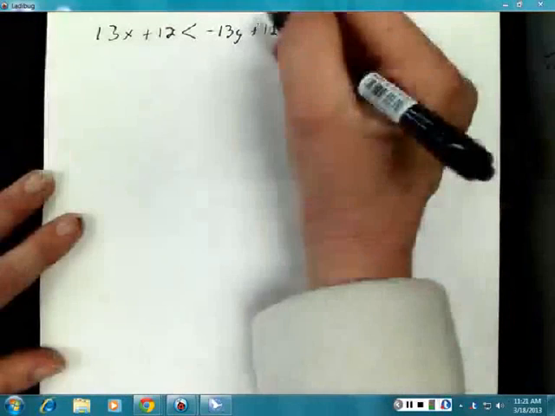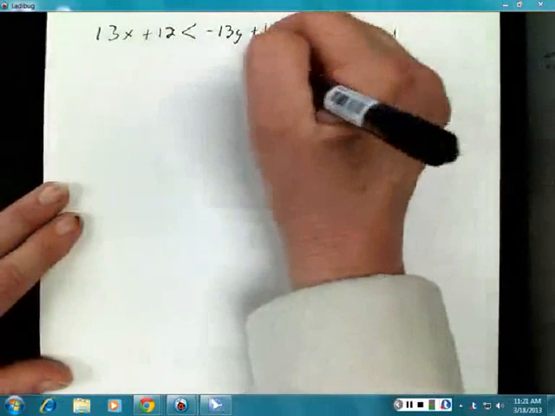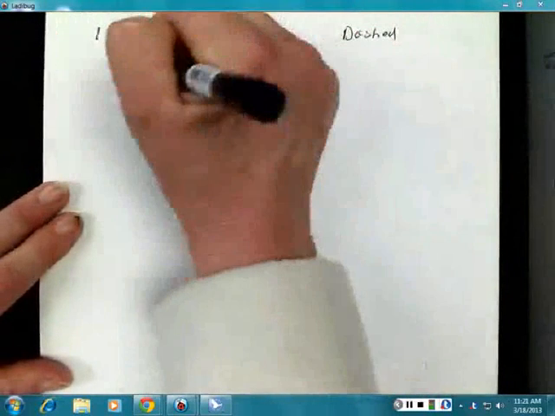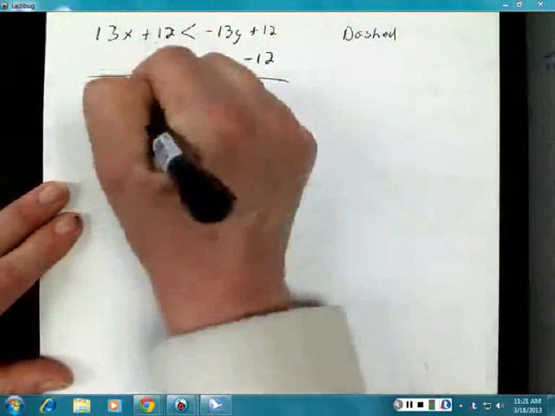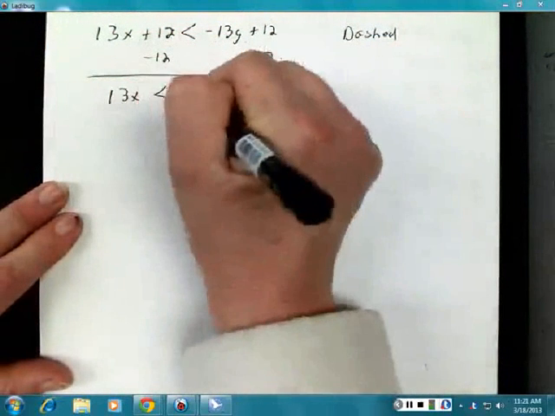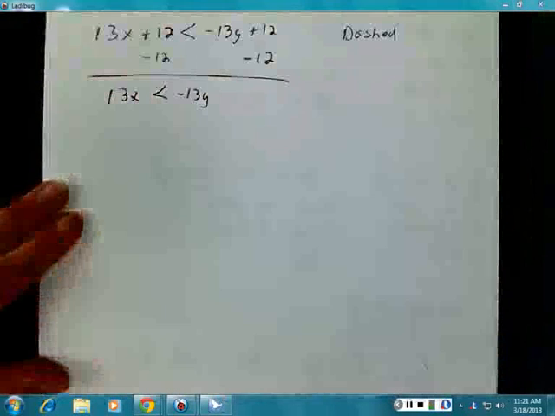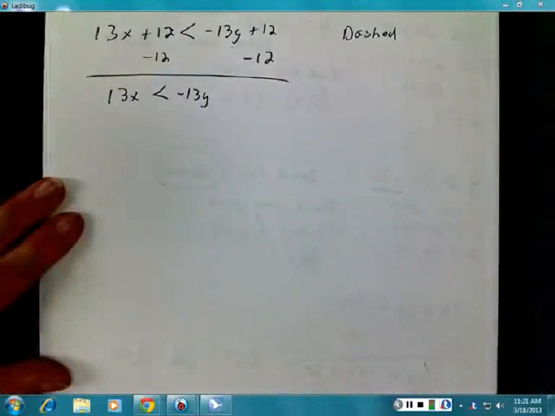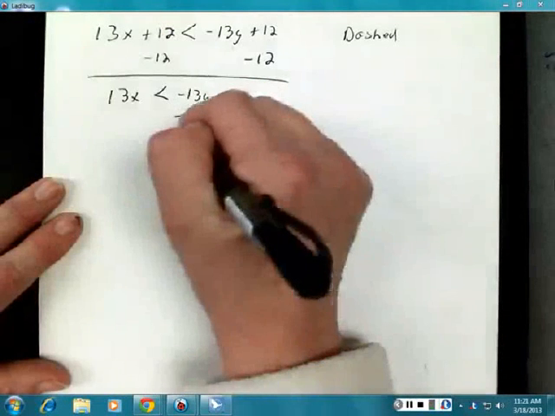Okay. Solve it for y. Even if it's on that side. I'm going to subtract 12. Minus 12 is gone. And then what am I going to do?